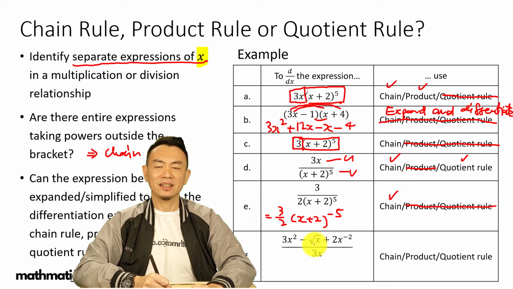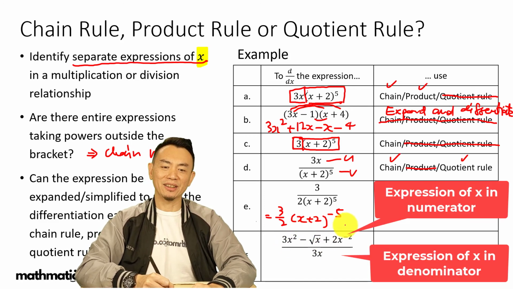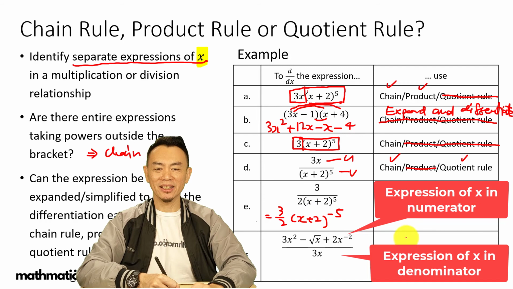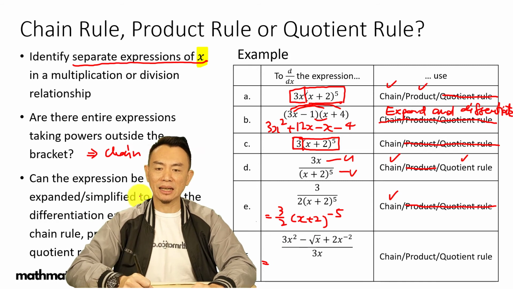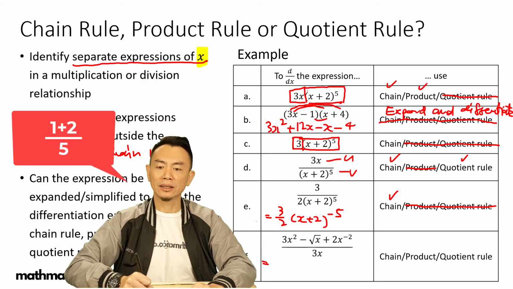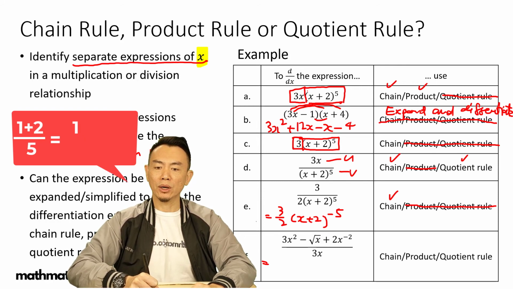Finally, we have this question in part F. If you are going to differentiate this, it looks like product rule surely, right? Because there's a numerator and there's the denominator. However, this fraction here can actually be broken up. For example, 1 plus 2 over 5 is equivalent to 1 over 5 plus 2 over 5.